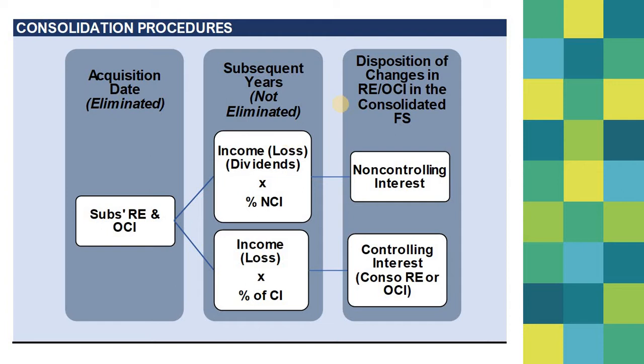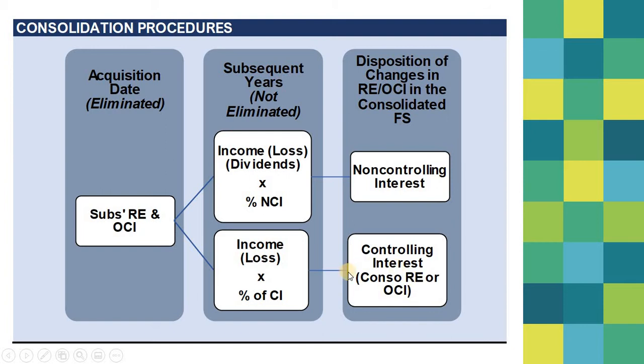Because the comprehensive income that is closed to RE and OCI of the subsidiary in the years after the acquisition date should be separated into two. So the portion of the income of the subsidiary multiplied by the percentage of ownership of the controlling interest will form part of the consolidated retained earnings and other comprehensive income.